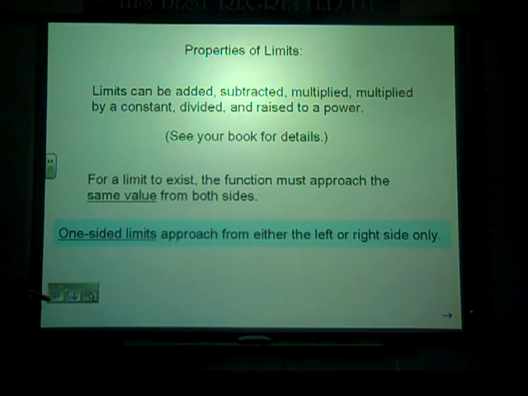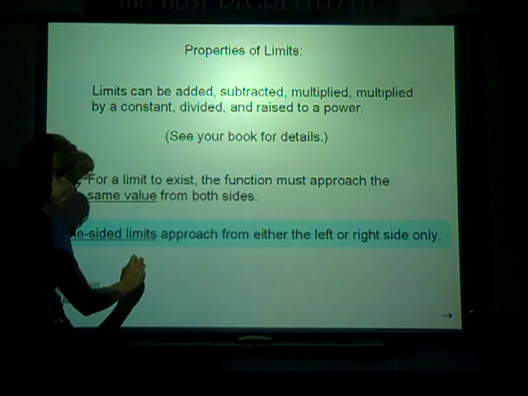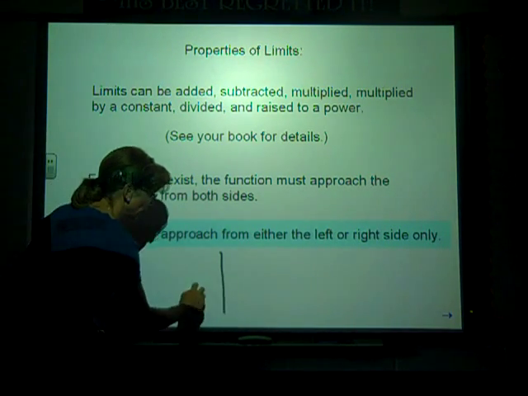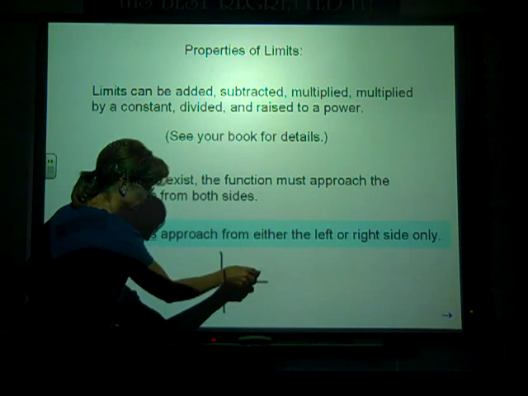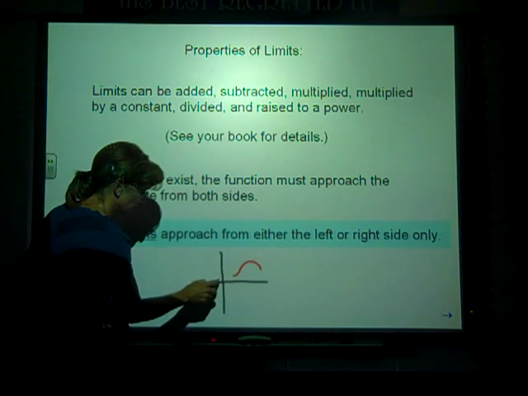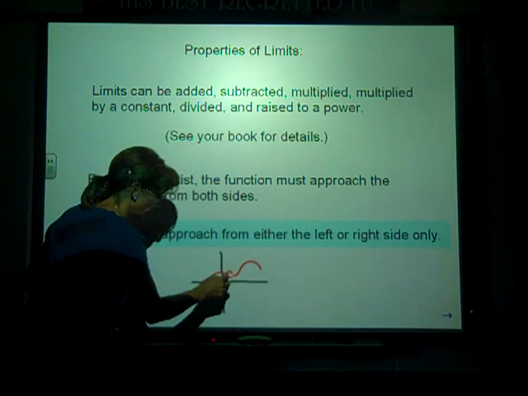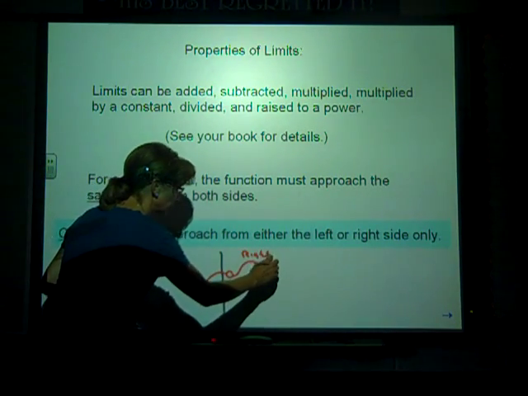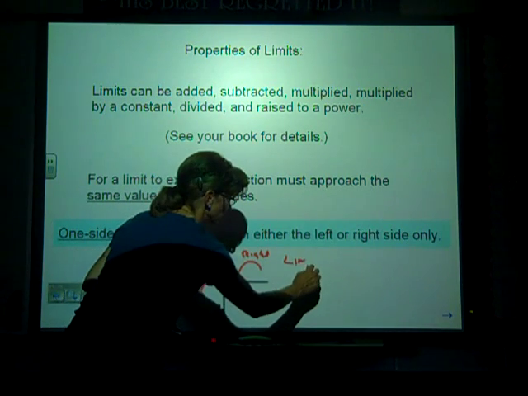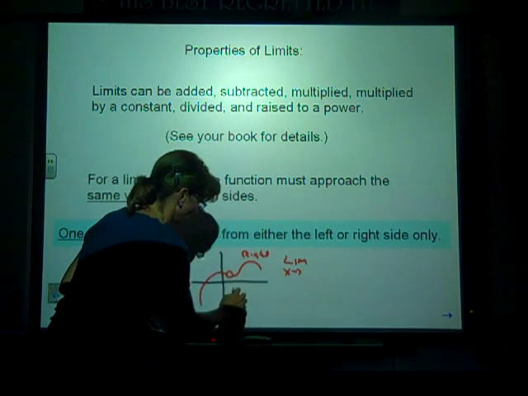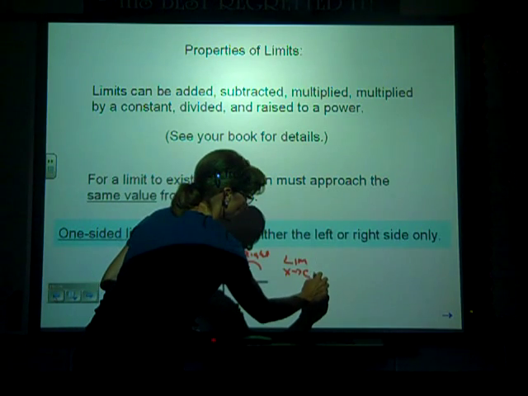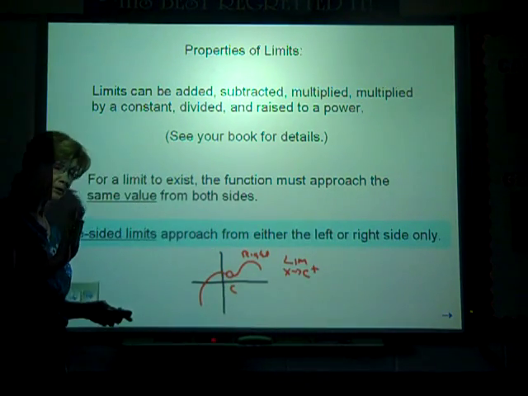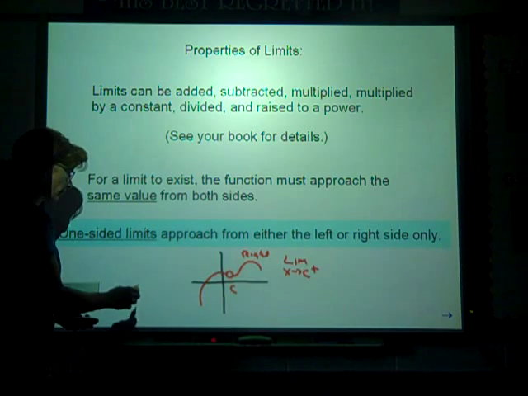And we can say the one-sided, remember, if you think about a function, here's the point we're interested in. If you look at it coming from the right, that's the limit as x approaches, we'll call this c, from the right. So we make a plus sign there to find that value.